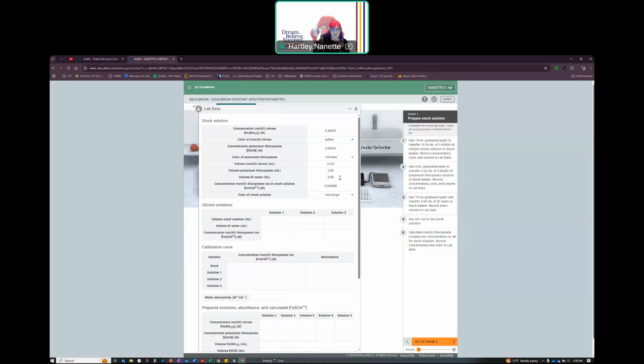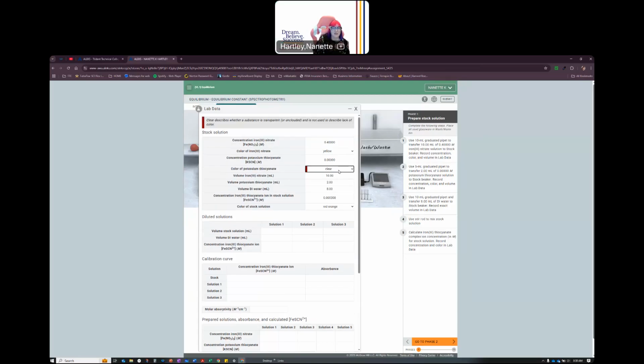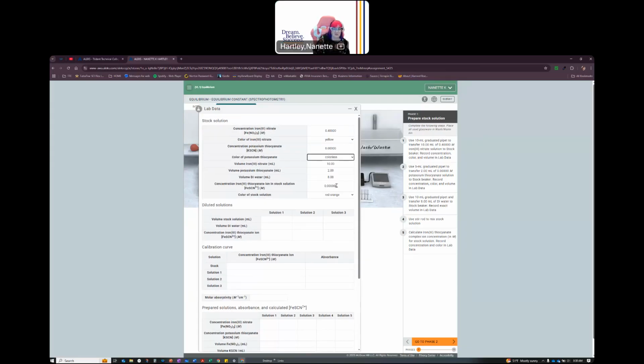And I can show you that because if I click this and I had said clear, it looks like this. It says clear describes when a substance is transparent or unclouded and is not used to describe lack of color. So colorless. So there you go. Now you can see that's what it's going to look like when it doesn't like what you've done.